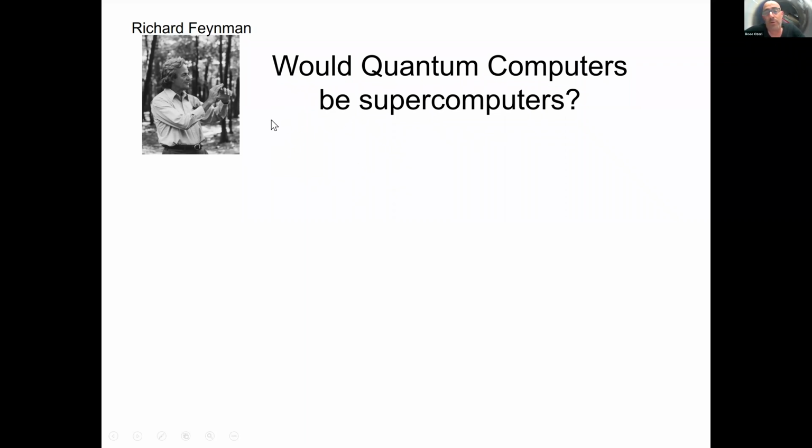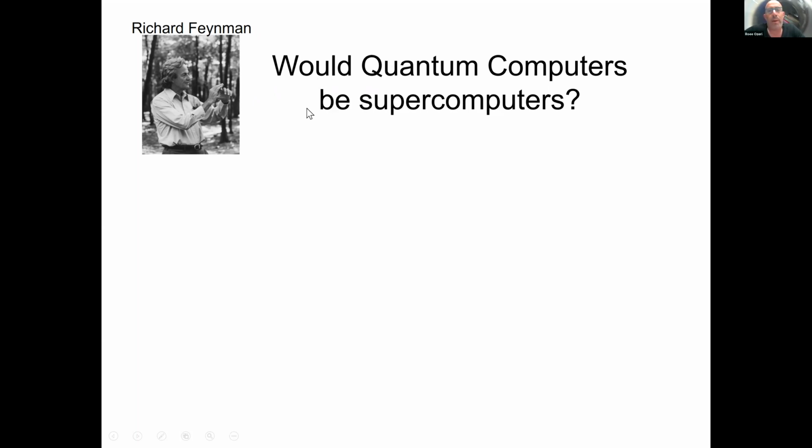And if we do so, if we use quantum mechanics to describe the machine work of computers, we can ask the question of how different the operation of these quantum computers would be from the operation of classical computers.